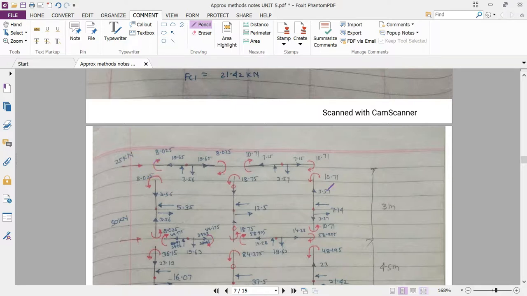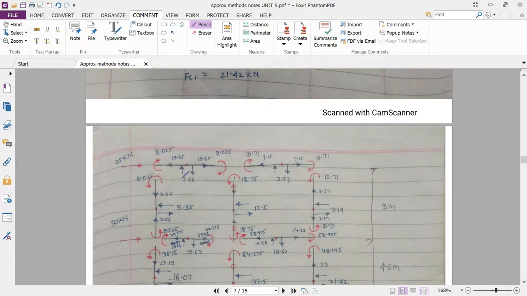Then here also 7.14 into 1.5, the answer is 10.71. Then transfer this particular moment to the top portion. Now here also 12.5 into 1.5, that is 18.75. Now after getting this 8.02, transfer this moment to the right side, and vice versa for the right case. Now 8.025 is the moment.